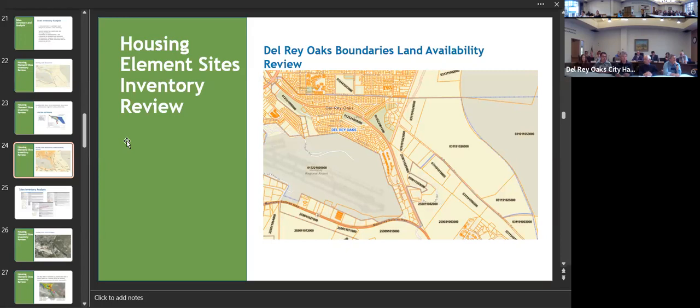We also looked at the other side, on the side of the church and Safeway, with the Del Rey Farms, I think is the name of it. Unfortunately, that's also part of the floodplain, with potential wetlands near the creek and a pathway going through it, so it has limitations, and we were directed to take that out as well from the fifth cycle.